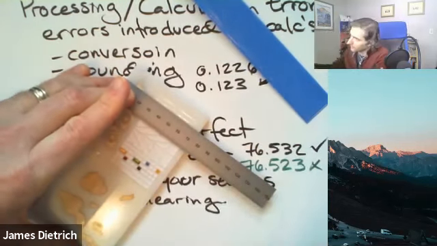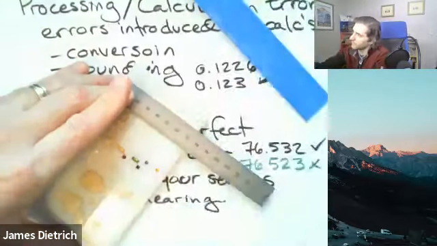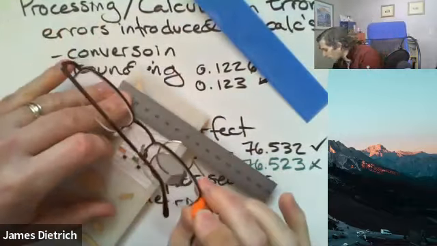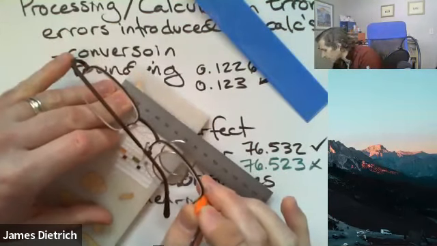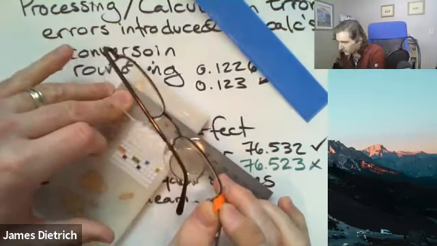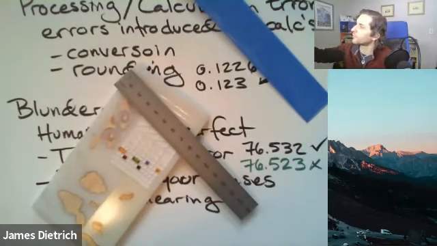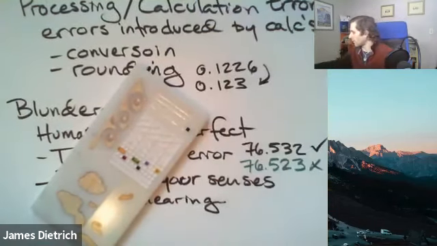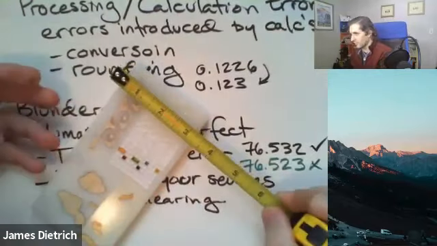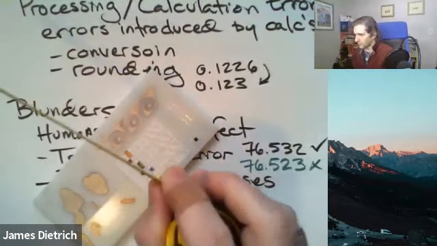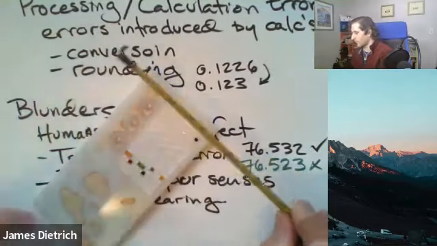But if I get out my reading glasses, and I put on my reading glasses and I actually have some magnifiers on here, I can get down there and say, oh wait, it's not 75, it's actually 74.5. So blunders can be made based on your vision, or transcription errors, or if you're looking very quickly at, say, a tape measure, you could mistake a 2 for a 3, or mistake different things.